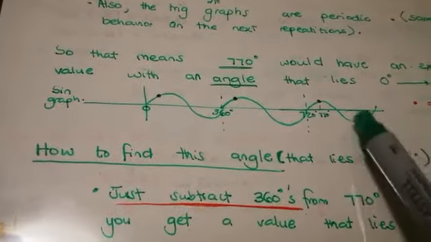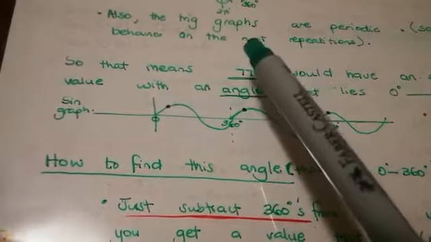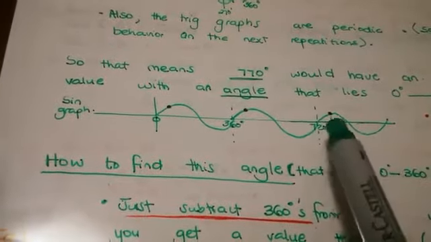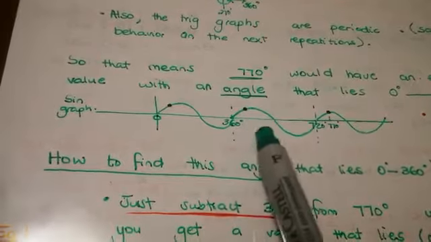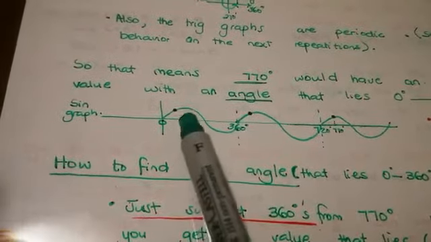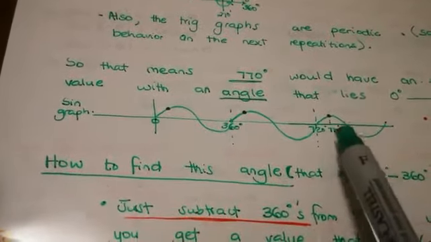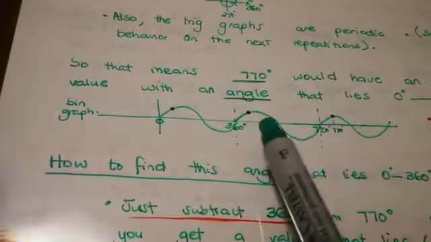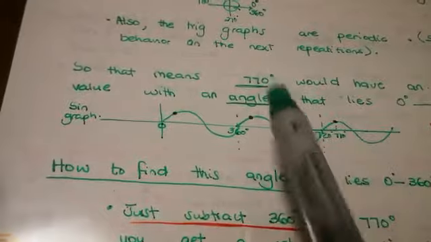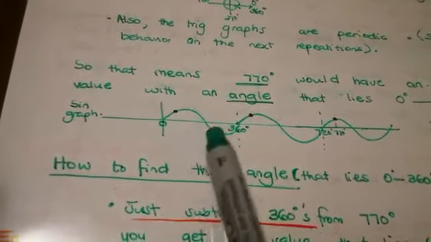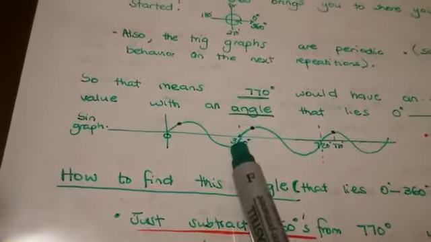So if I were to work with 770, the answer I would get here would be the same as the answer I would get there. So the values that are after 360 can be replaced with a value that lies between 0 and 360 degrees.